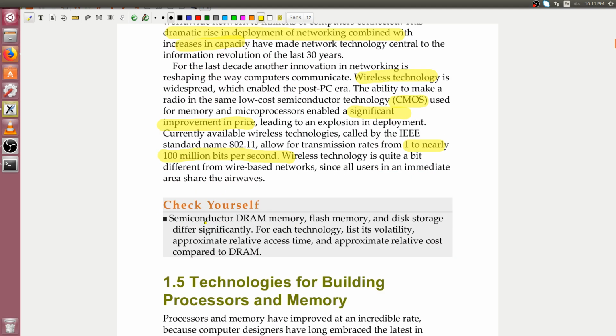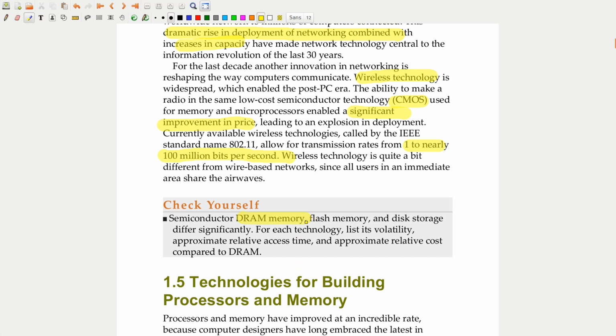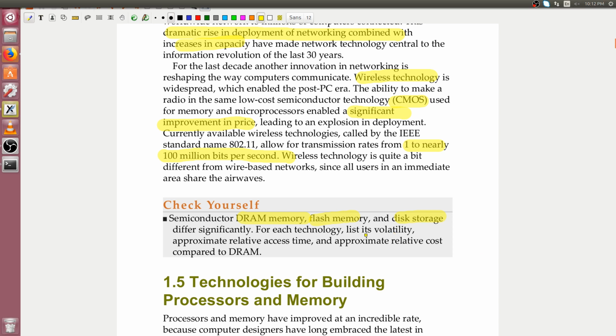So let's check yourself. Semiconductor DRAM technology, flash memory, and disk storage differ significantly. For each technology, list its volatility, approximate relative access time, and approximate relative cost. Like we said, DRAM is volatile, and flash and disk are both non-volatile, meaning we're not going to lose data if we lose power.